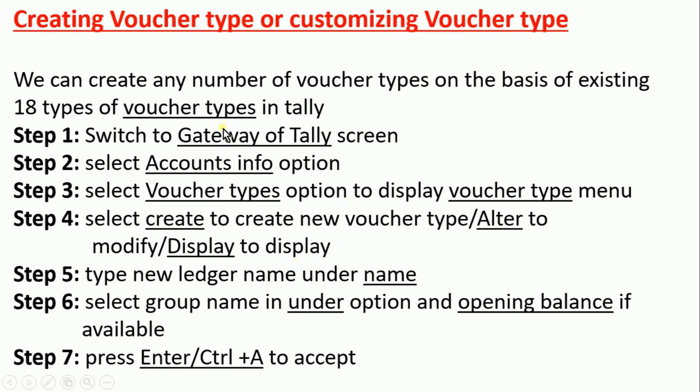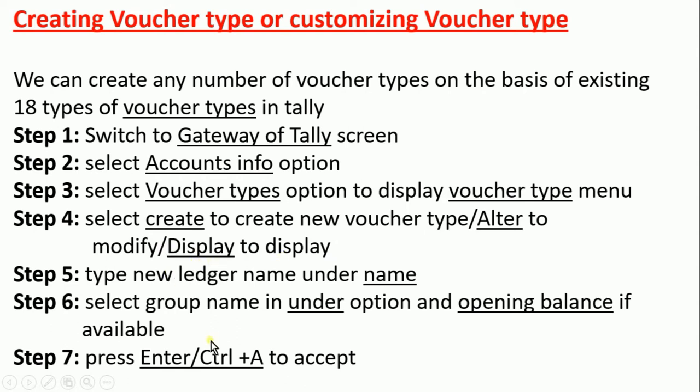That means if the question is creating voucher type, you can use the same type of steps, but at step 4 you can change. Select create to create a new voucher type, select alter to modify, select display to display.